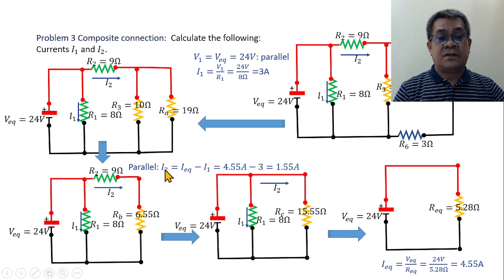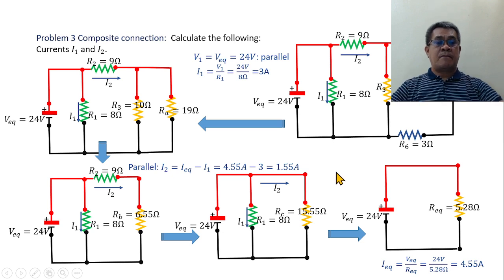Because I2 is now parallel to this, then I can subtract. I equivalent 4.55 minus 3, the result is 1.55. And these are the answers to the problem.